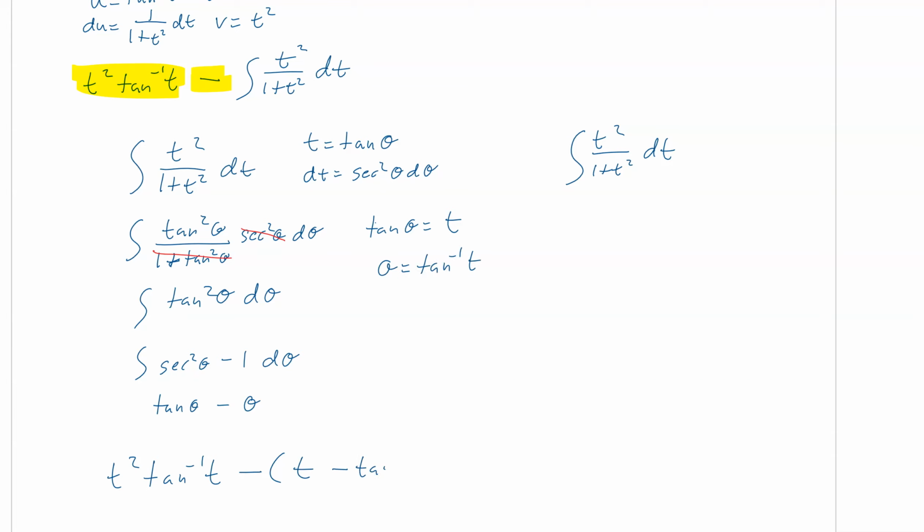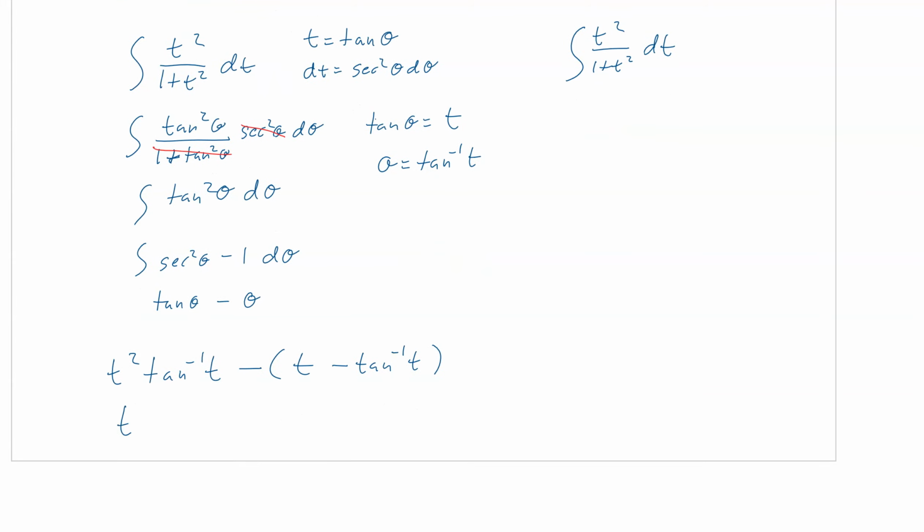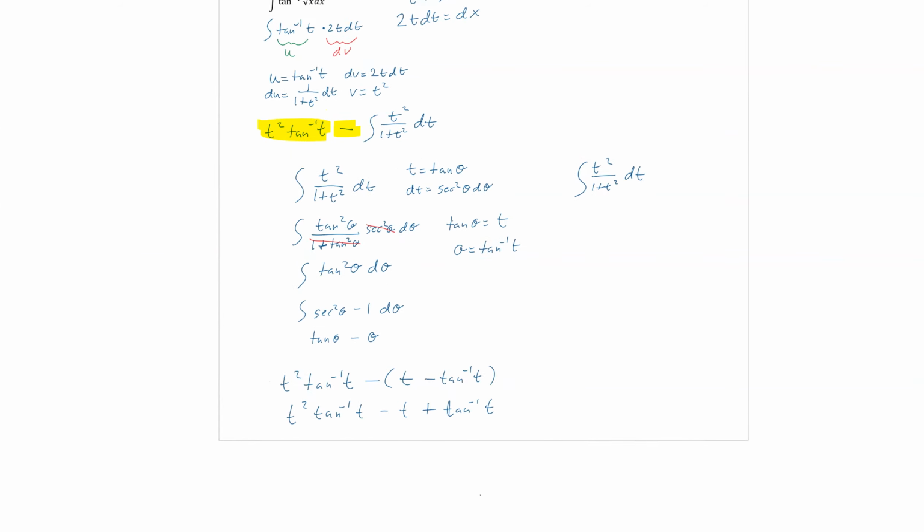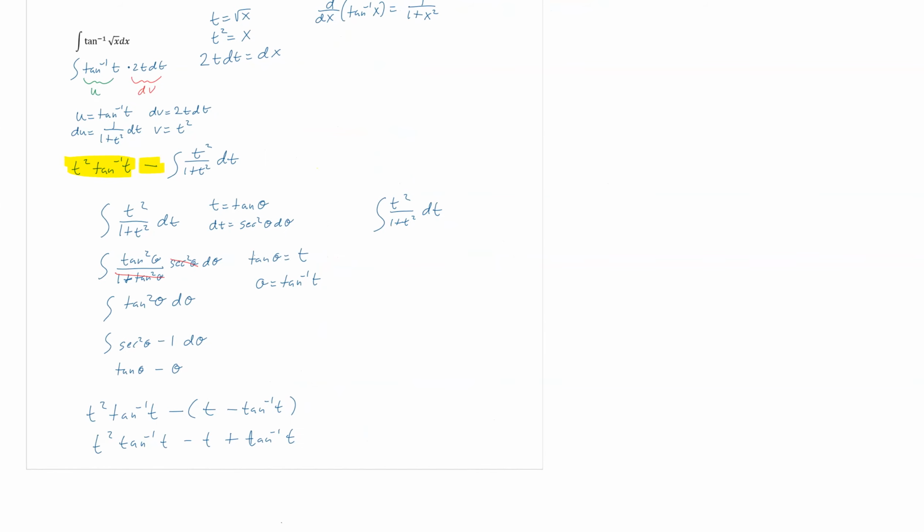So now we know this is t squared inverse tangent t minus t plus inverse tangent t. Now, we still need to plug in that radical x from the very beginning because t is equal to radical x. We started with x, we need to end with x because this is not a definite integral.